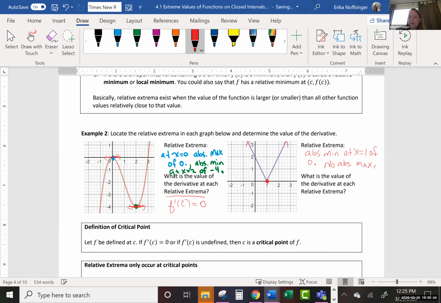But what do we know about the derivative at x equals 1? What happens when we look at derivatives of sharp corners? The derivative, f prime of 1 in this case, does not exist.